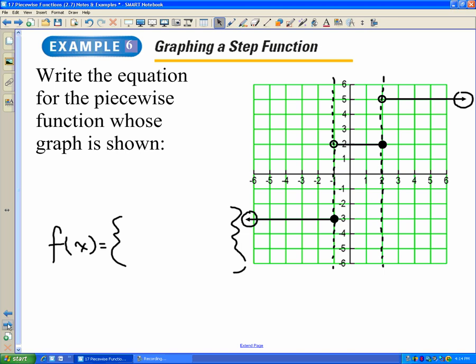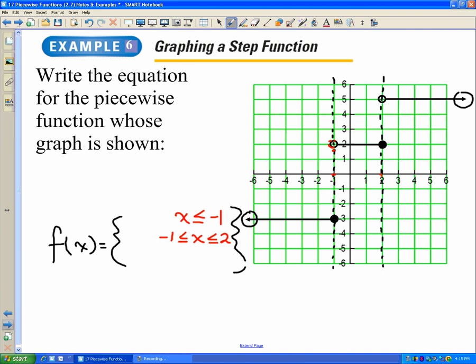So my domains are going to be, this was -1, closed at -1. So I want my x to be less than or equal to -1. This one here is going from -1 to 2. So I have -1 is less than or equal to x is less than or equal to 2. Now that was wrong. Why?